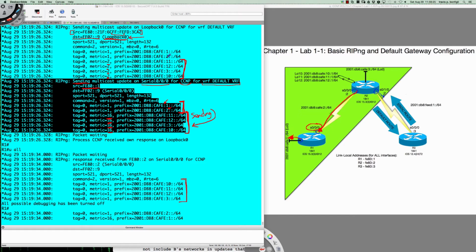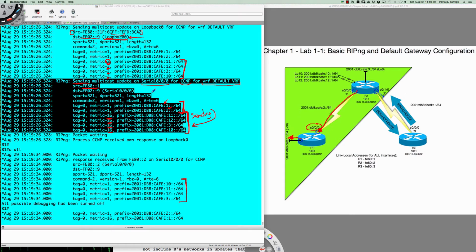So from the loopback interface's perspective, he did not learn these routes from the serial 0/0/0 interface from router 2. He learned them from router 1, which counts itself in the metric, and then the loopback address is accounted, and then the next hop is accounted for.